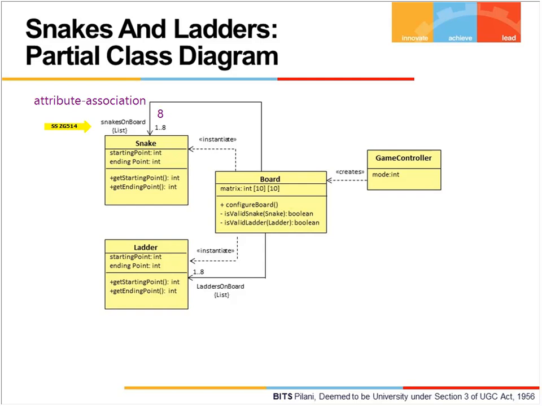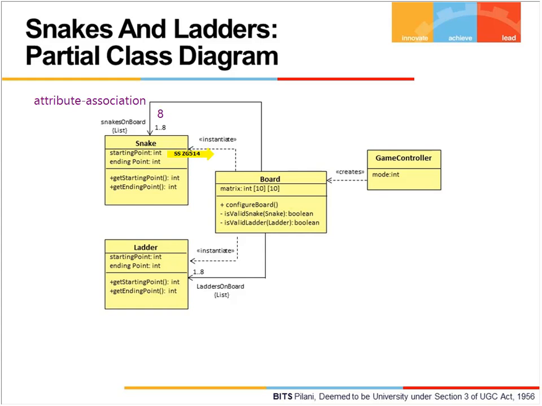Instead of mentioning this list of snakes objects inside the board class as an attribute, I've drawn it as an attribute association line, right? Similarly, ladders on board using a list. Apart from that, you can also see here that I have another dependency relationship which is called instantiate, right?